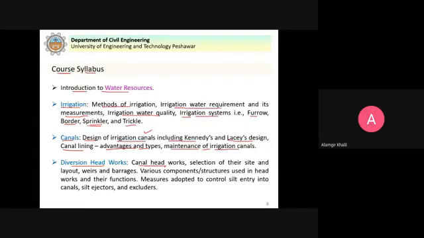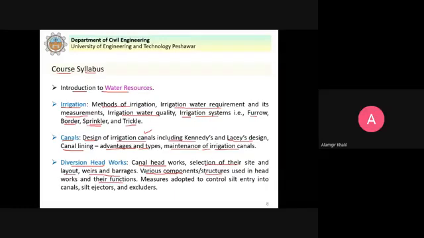Storage in the form of dams, diversion where we raise the water level and just divert the water, for example, weirs and barrages. So we will study about the selection of their site and layout for the weirs and barrages. When we have canal headworks, what are their different components, the associated structures, and their functions?